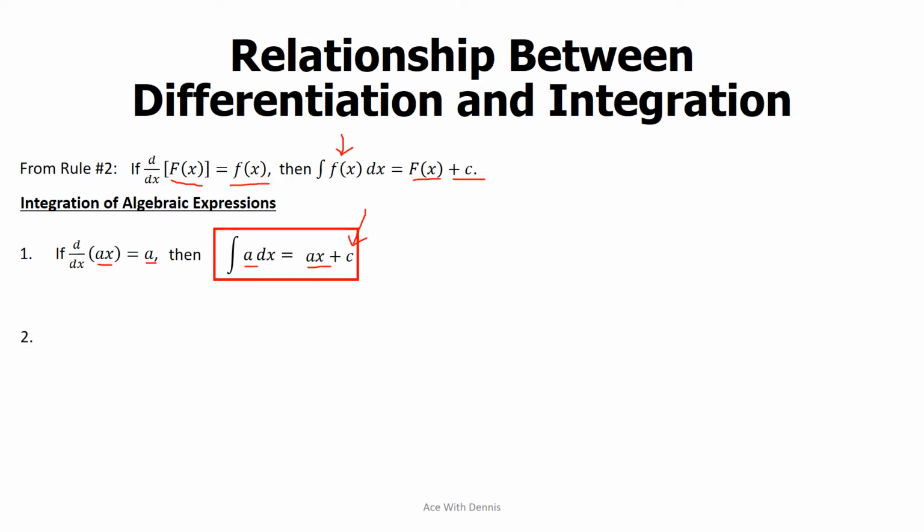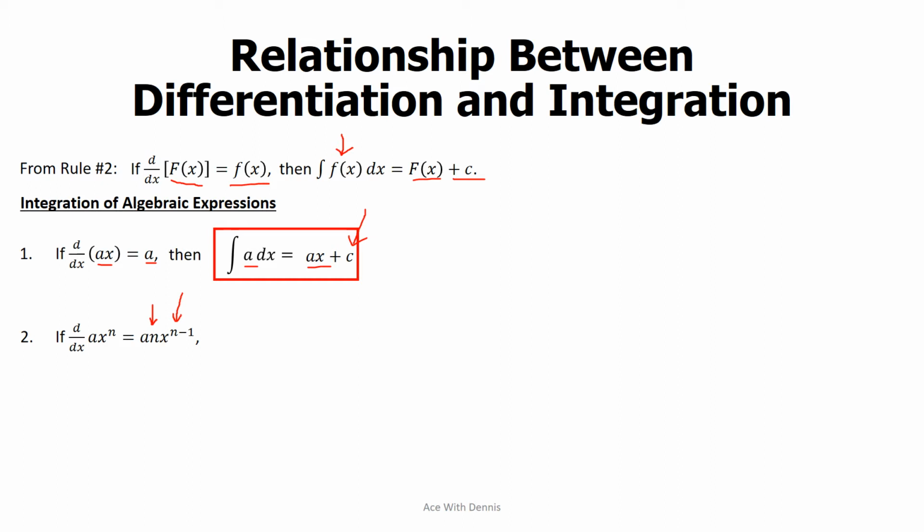Number 2, if d over dx of ax to the power n equals anx to the power n minus 1. So still remember how we do the differentiation, where first we bring down the power, so we get an n here, then power minus 1, so we get n minus 1.